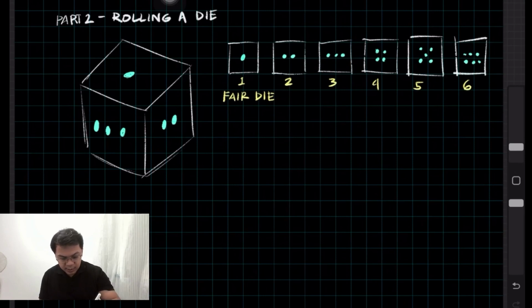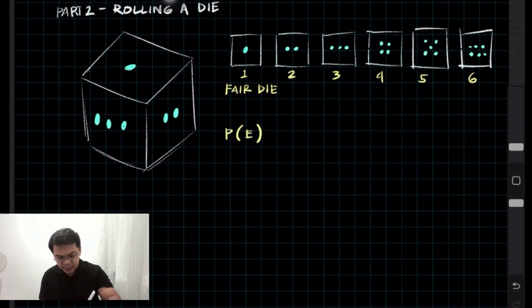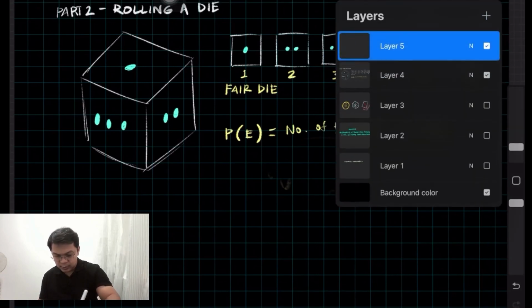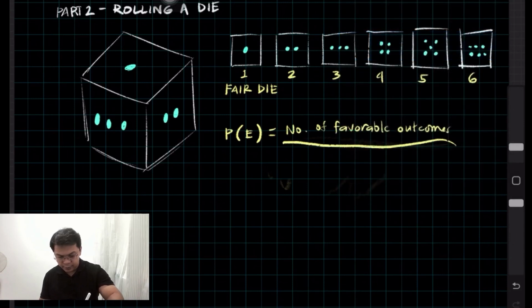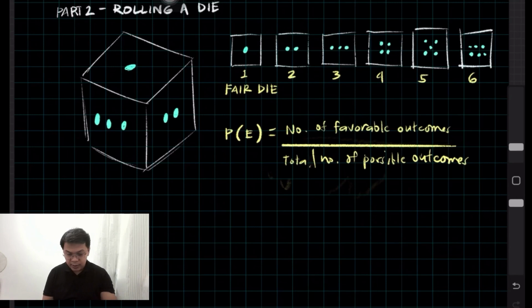As we know from earlier, the formula is P of the name of the event is equal to the number of favorable outcomes over, sorry, that's hard to do now. Okay, sorry about that. All right, over a straight line, the total number of possible outcomes. Okay, there you go. Now we have that formula.